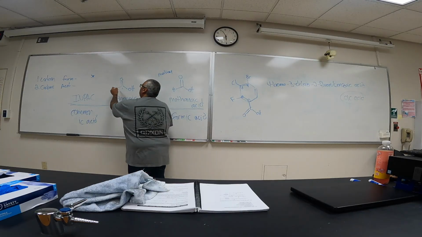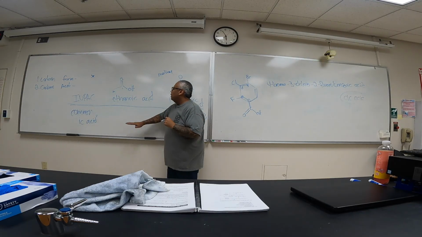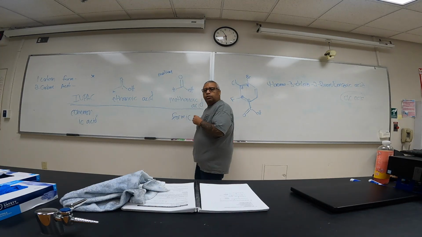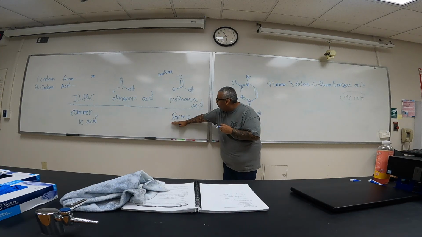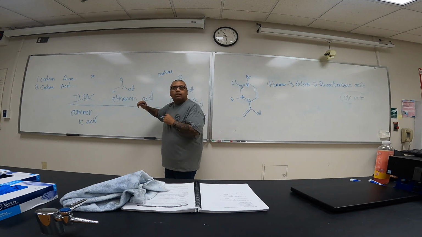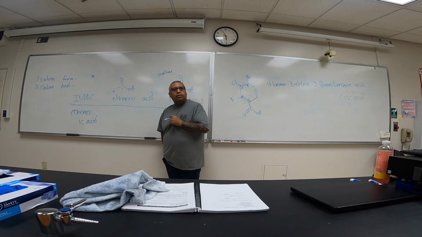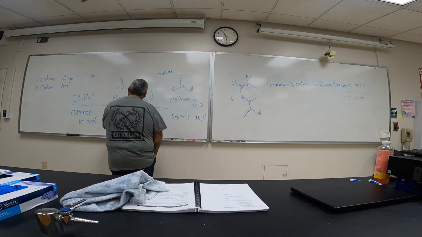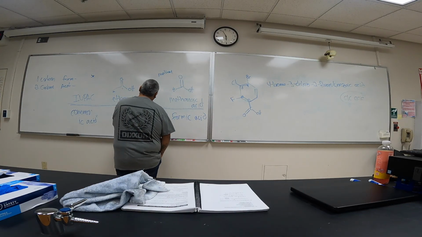Two. There's one right here, another right here. Name this for me. Just how we did here, we used form, and then we added ic acid, formic acid. This is acete, so what would we call that? Acetic acid.